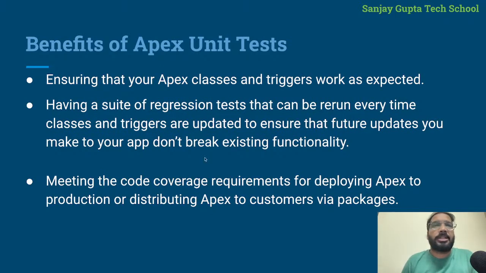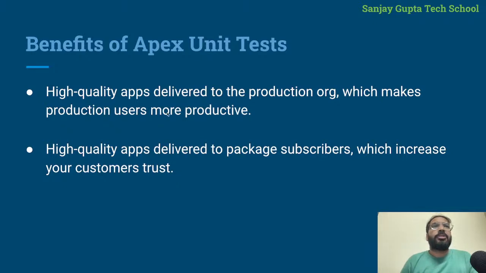So in today's session, I will show you how you can check whether code coverage is more than 75% or not, or what percentage the code coverage is. Okay. So there are two more points: high quality apps delivered to the production org, which makes production users more productive if you write your test class, because you are testing your code through code.